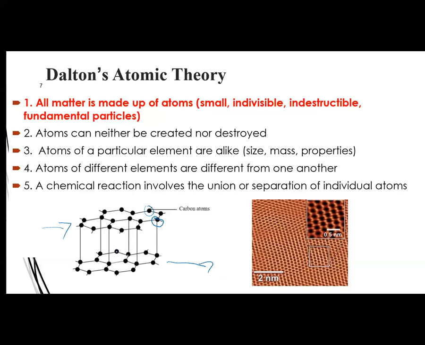Now, part number 2, atoms can't be created nor destroyed. This is really similar to that law of conservation of mass. So it's this idea that all of those atoms that we start off with, they're going to be there at the end. This is a really big fundamental concept of how we balance our chemical reactions.